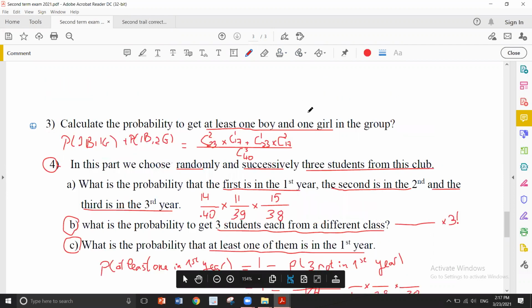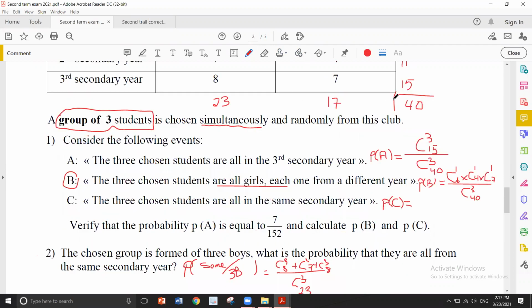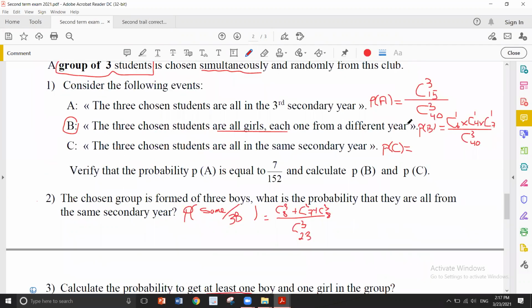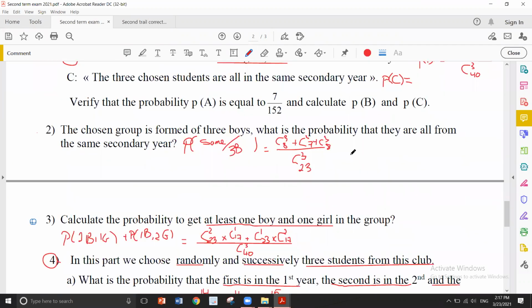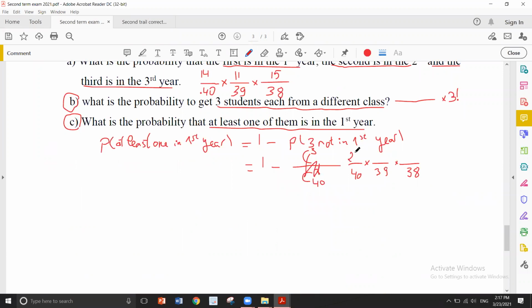How many are not in the first year? 26, 25, 24. With combination, down here we have 40 choose 3, and up 26 choose 3.